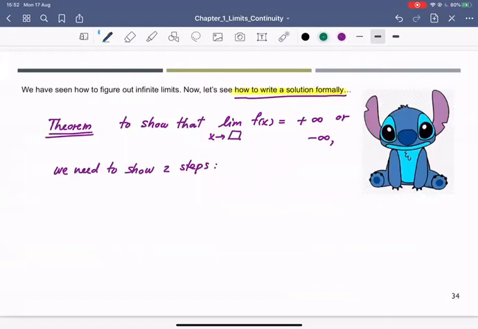So number 1, we need to show that the limit of 1 over f(x), where x goes to this thing in the box, whatever it is, is equal to 0. First, you need to show that the limit of the reciprocal, 1 over f(x), is going to be 0.